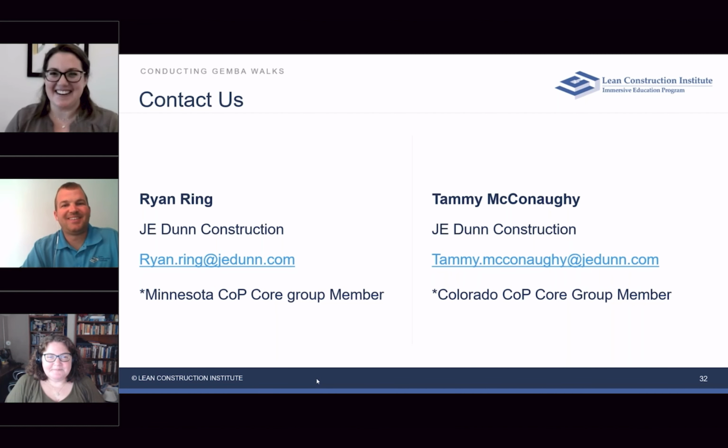I'll take this one because this really excited me. I'm working with our self-perform group, and we've built that into some of our checklists, like our pre-pour checklists and our pre-planning checklists. Some of the things we've been able to take away and improve within our self-perform is a lot of that motion and transportation waste, and realizing that staging our job on a day-to-day basis is just as important as staging our job for the whole project, where we're laying out or storing our materials.